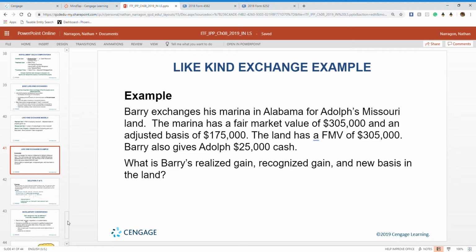Okay, the land has a fair market value of $305,000, and Barry also gives Adolph $25,000 in cash. What is Barry's realized gain, recognized gain, and new basis in land? So you guys ready? Let's go to this.